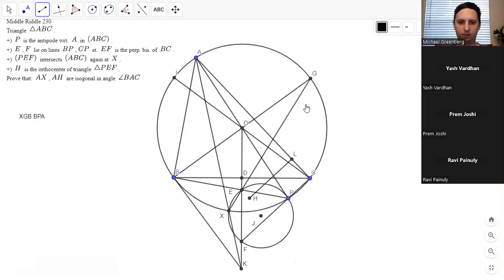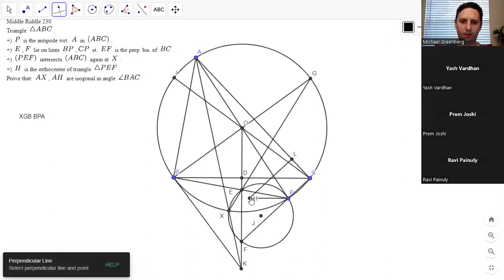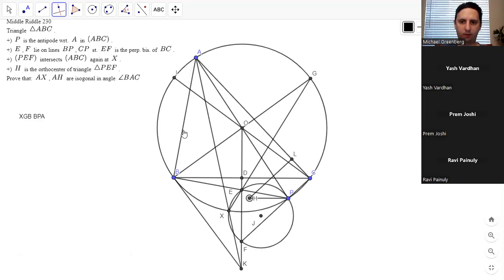And then we also have this: HP is parallel to BC, so that might help. Because if I draw this perpendicular, X is the center of the spiral similarity.